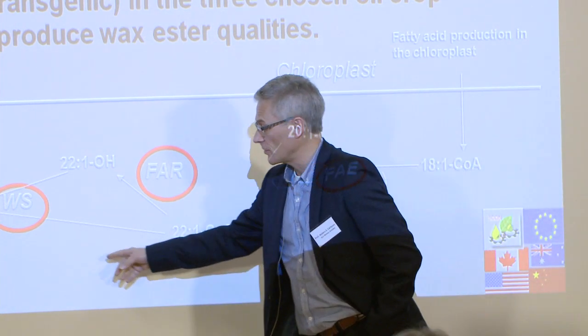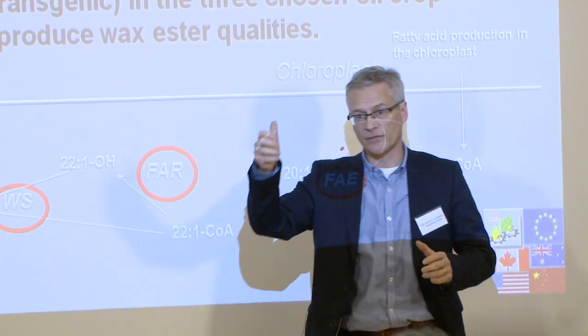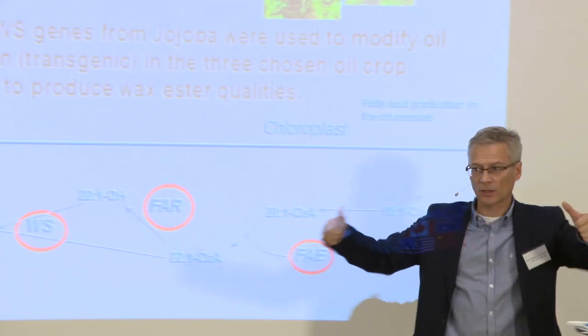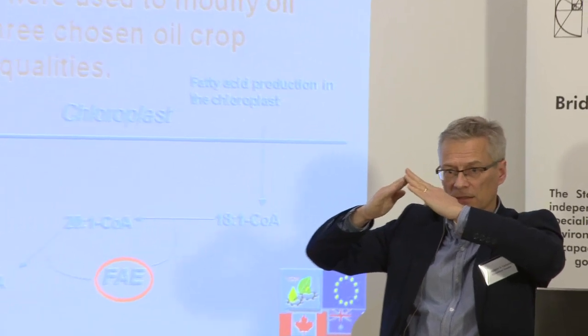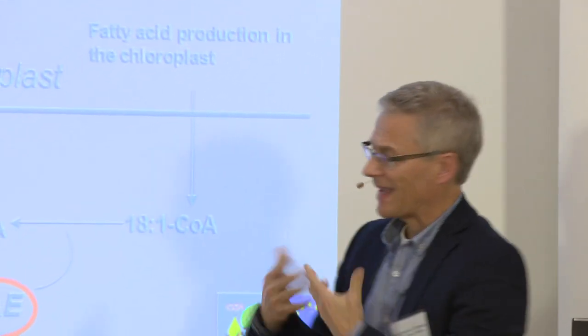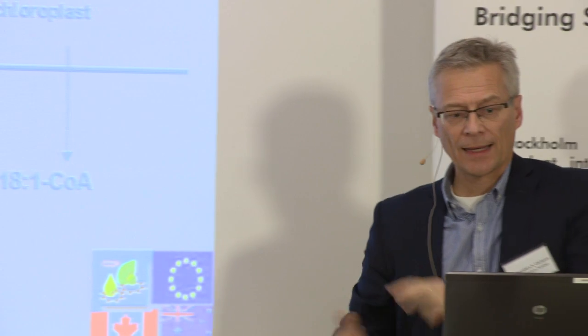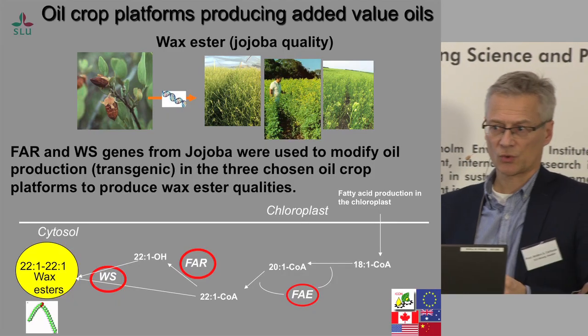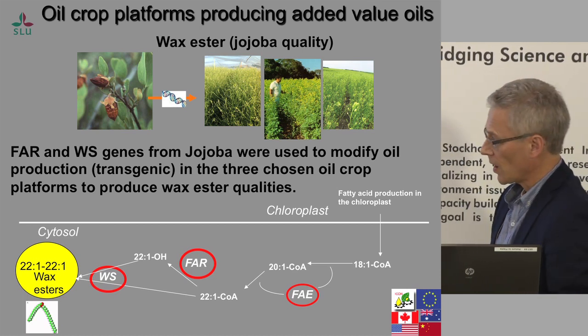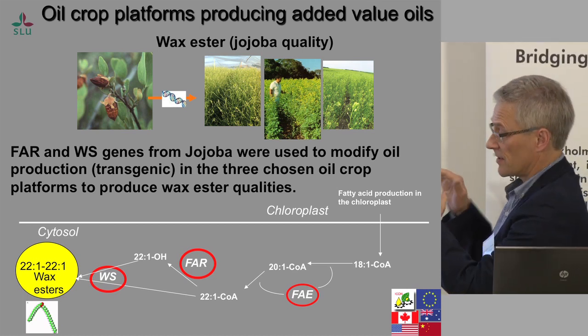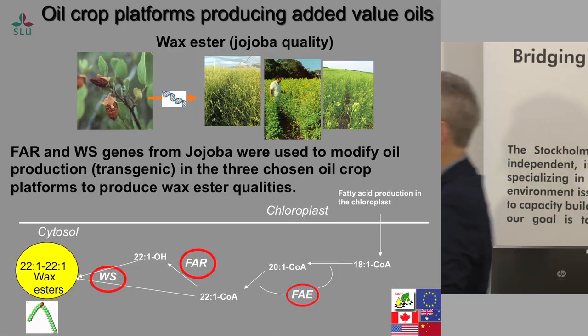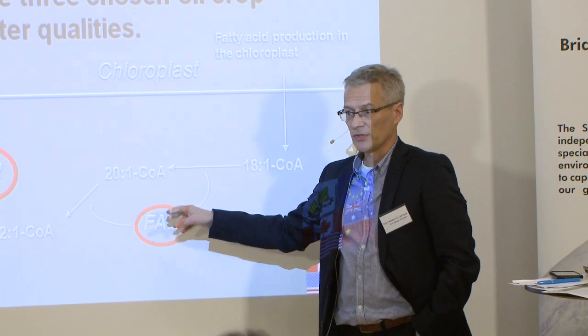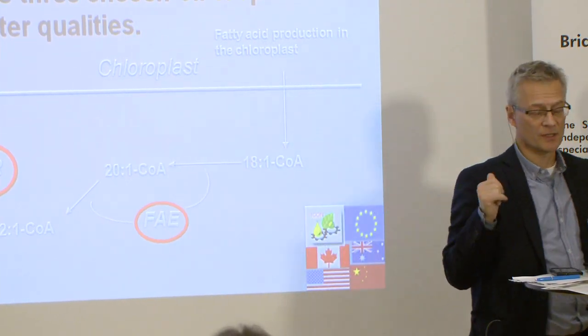And then a third enzyme takes the fatty acid and the alcohol and puts them together like this, if you remember the structure, making it into a wax ester. And the wax ester quality here is the same that we can find in the jojoba. So this was done by transgenically introducing these three genes into these crops.